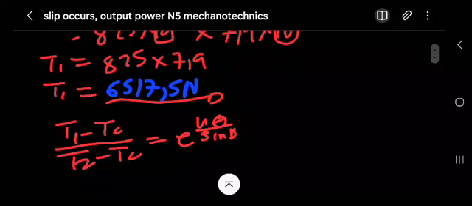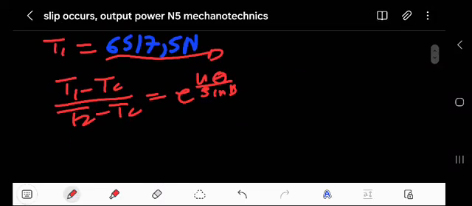Remember, we're dealing with a groove, but this cosecant is the same as 1 over sine beta. So I can simply write this as mu over sine beta, like this. There we go. T1, we got it there.